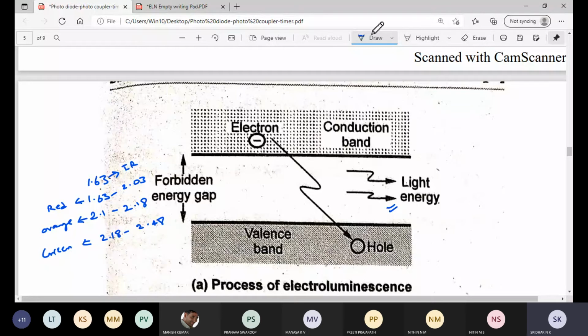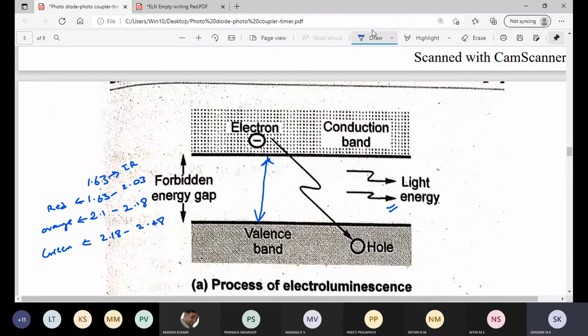So the light color depends on this energy gap. For different energy gap, different colors will be emitted. That's what I told here. So this is all about LED.